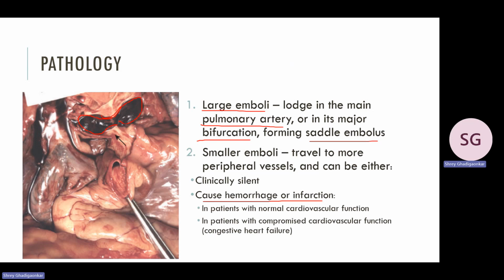For instance, in patients with normal cardiovascular function, the bronchial arterial supply usually sustains the lung parenchyma, and therefore hemorrhage may occur, but there's no infarction. On the other hand, in patients with compromised cardiovascular function, such as congestive heart failure, you usually have infarction.